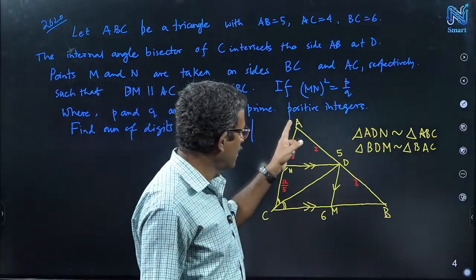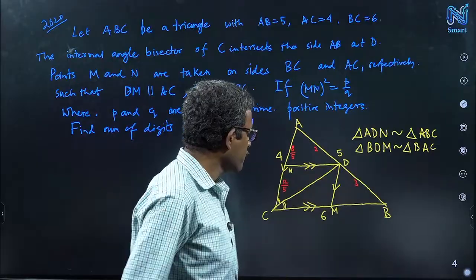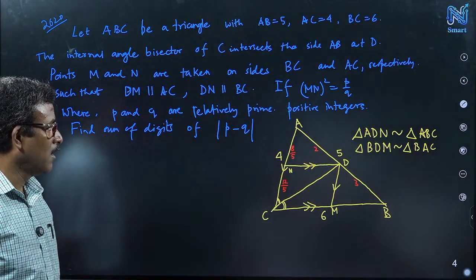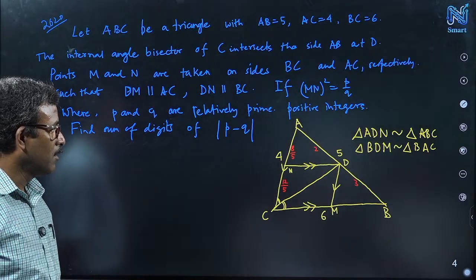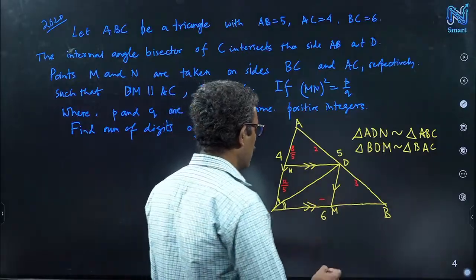And from this 2:3, this sum is 6. So what is BM and what is CM? Again it is 2:3 and the sum is 6.